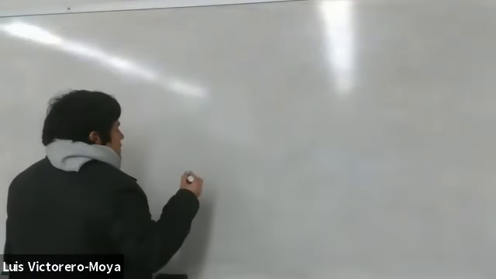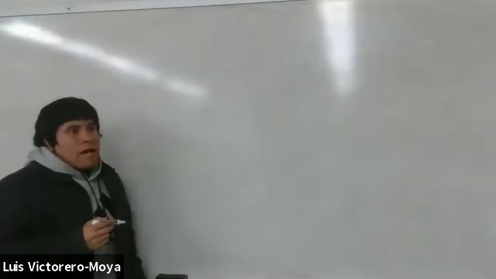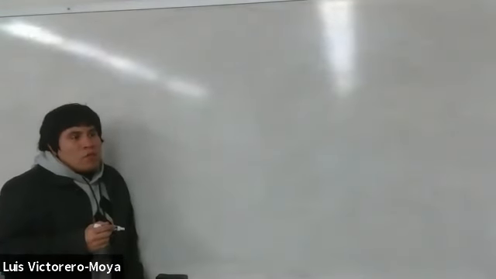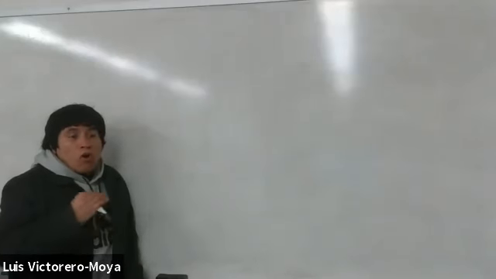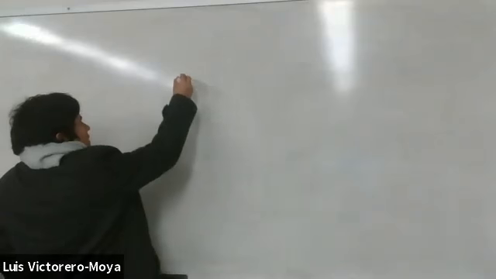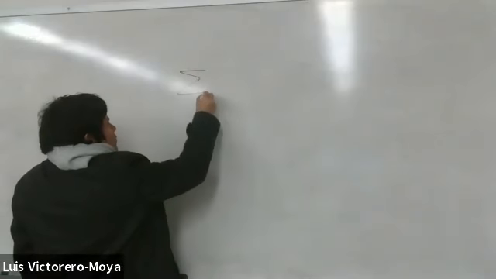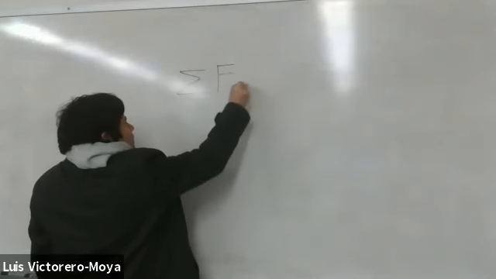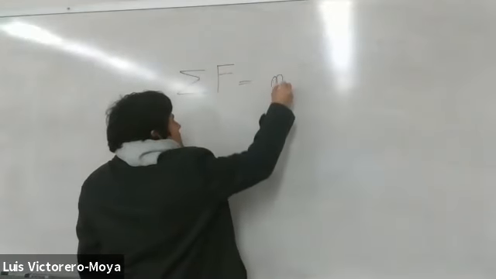So friction is just the idea of a body having some sort of force opposite to the motion. In Newton's second law, we said that the sum of forces is equal to mass times acceleration.